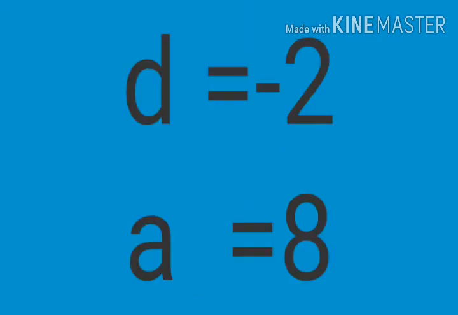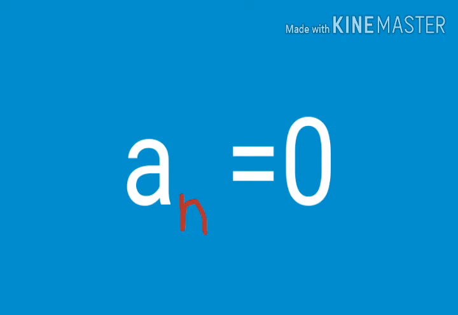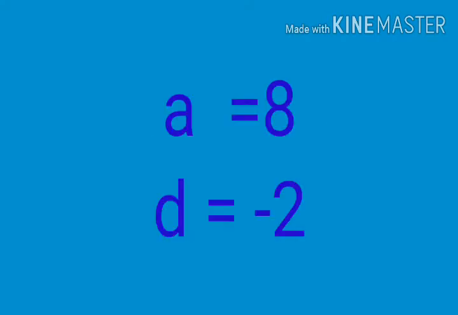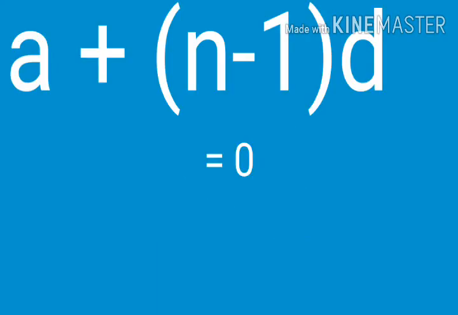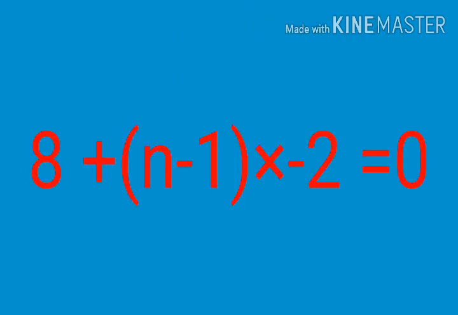Then according to the question, we can take an as 0. So here an equals 0. So a plus n minus 1 into d equal 0. Here we can substitute the value of a as 8 and d as negative 2. So this 8 plus n minus 1 into d equals 0 becomes 8 plus n minus 1 into negative 2 equals 0.